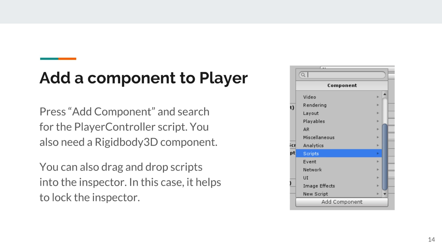So all you have to do, there's really just a button that says add component, and you can search for the component you want. In this case, we were adding a Rigidbody 3D to the sphere, so it can collide with the floor, part of our project. And you can also just drag things into the inspector to make it simple.